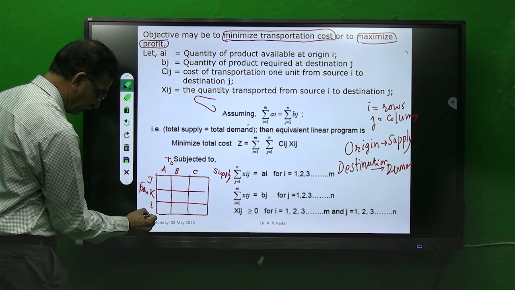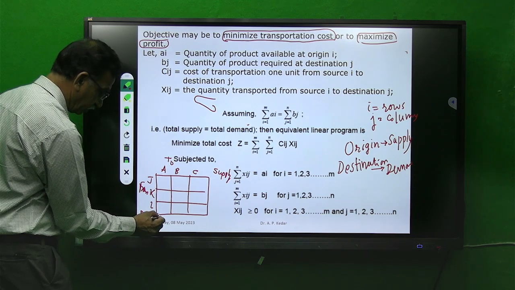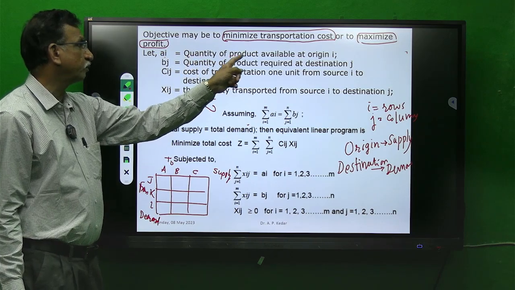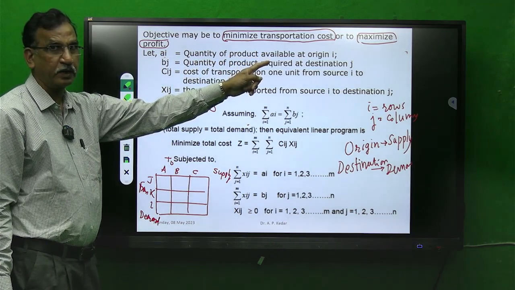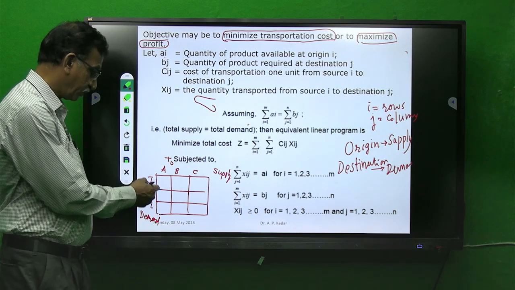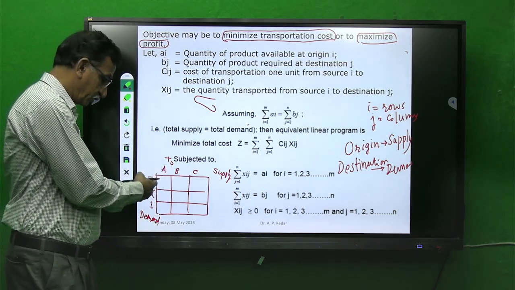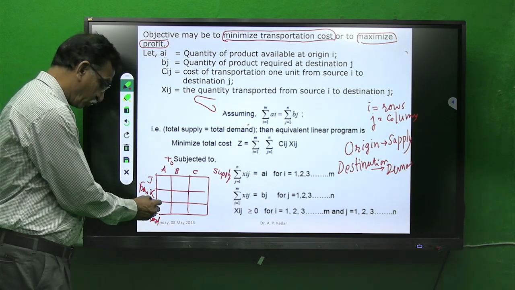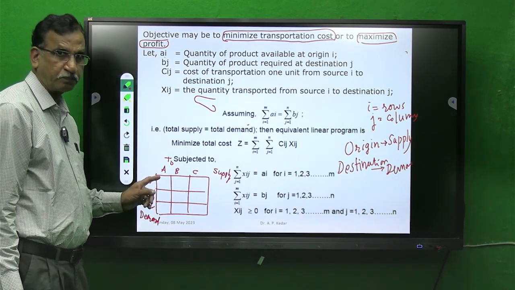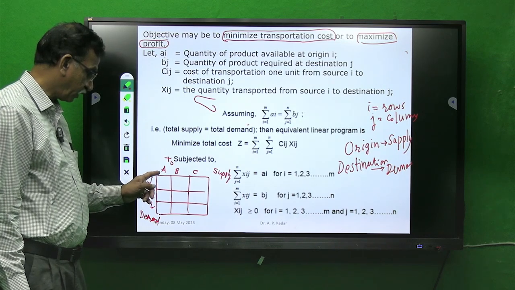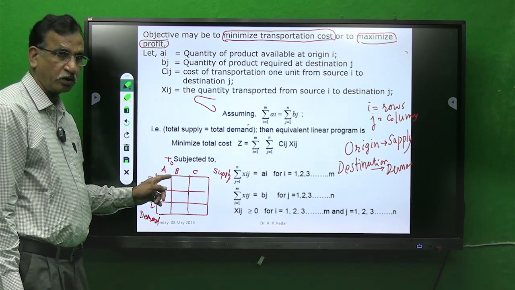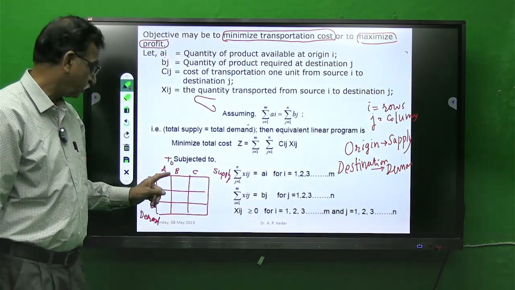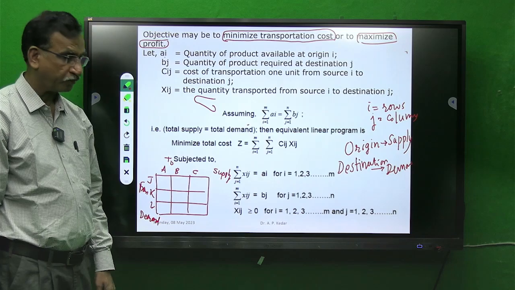So here we will be having demand values. I want to explain this term. Let a_i be the quantity of product available at origin i, ranging from here; for this case i1 is J row, i2 is K row, i3 is L row. Similarly, j1 is A column, j2 is B column. I have written there, j represents column, i represents row. So j3 is C column.